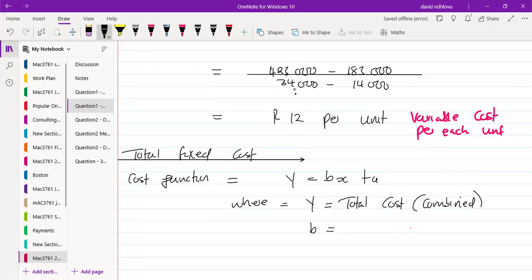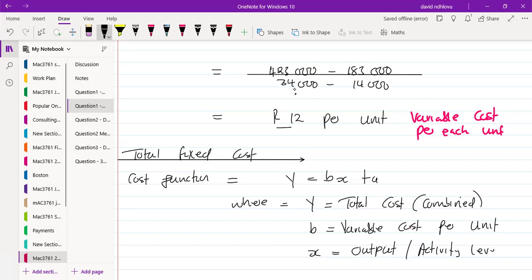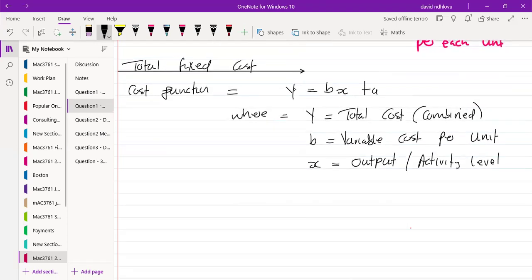Your b always represents variable cost per unit. We already have that, which is the 12. Right, x always represents output, or activity level. Then a is what we are looking for, which is the total fixed costs. So this is the formula that you then use to determine the total fixed costs.